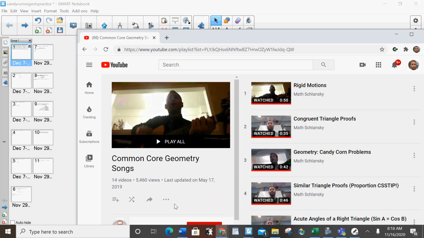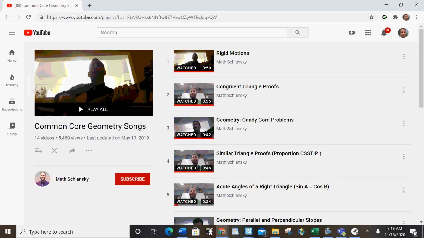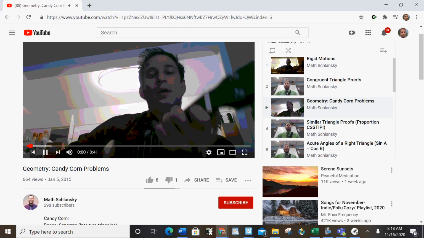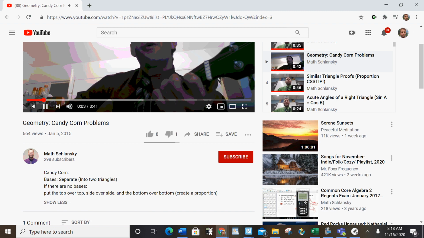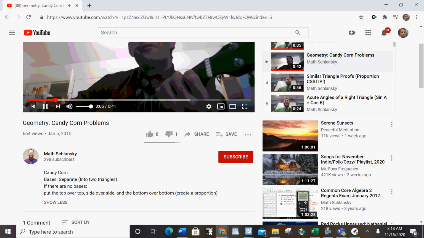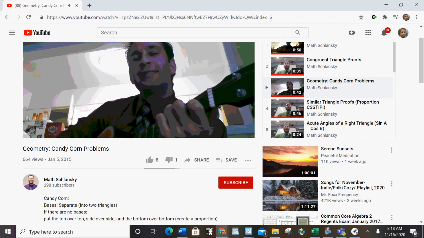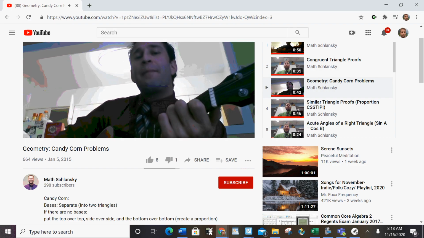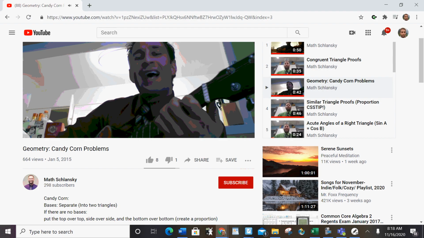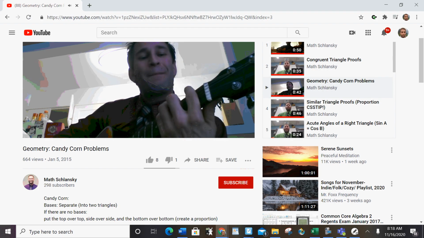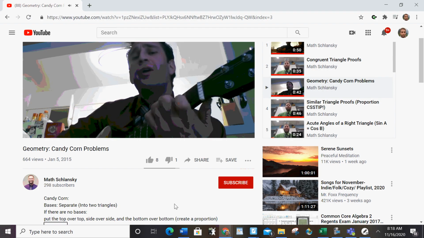We got candy corn problems. We got candy corn problems. Candy corn bases separate if there are no bases. Put the top over top, side over side, and the bottom over bottom.